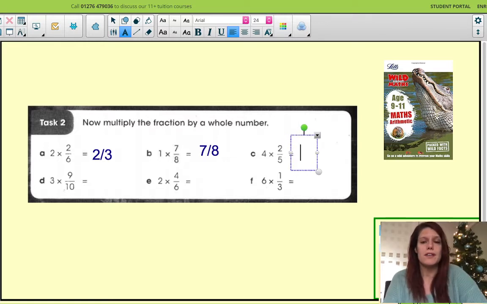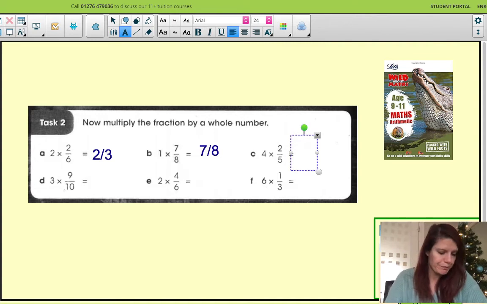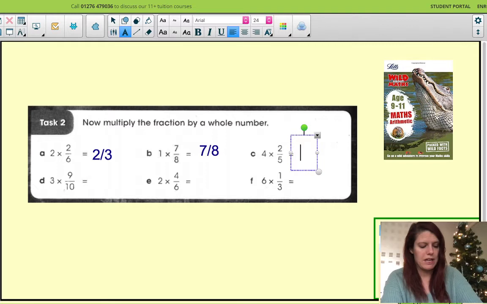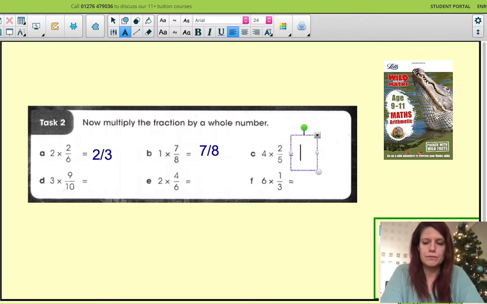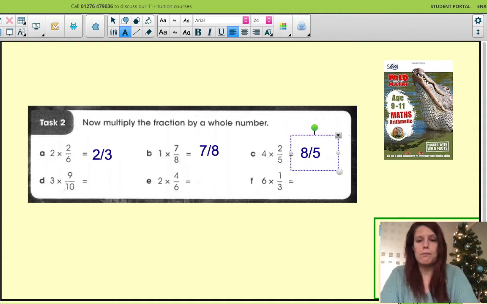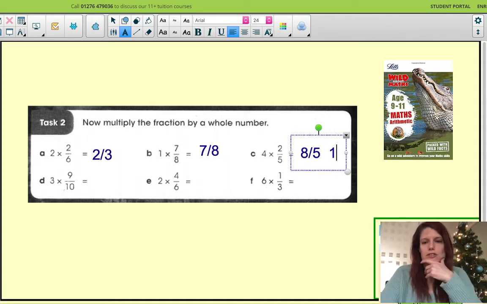4 times 2 fifths, so that's 4 times 2, and 5 times 1. This would be 8 fifths, or we can go into a mixed number fraction, and I might just write this one down.